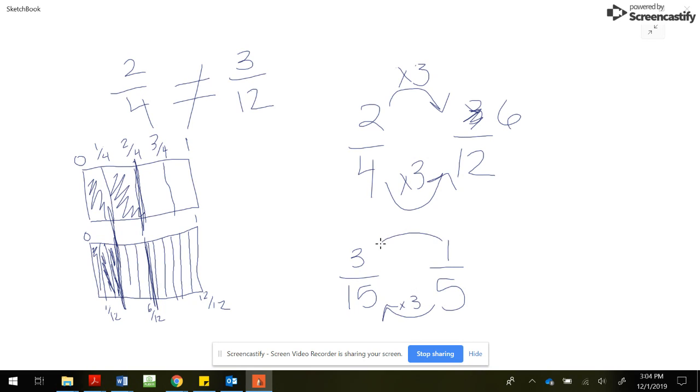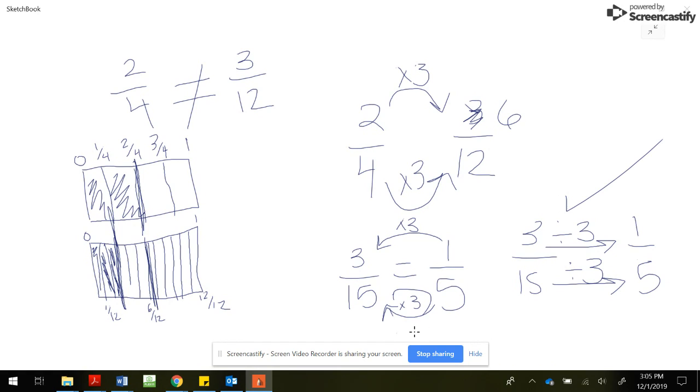Whatever I did to my bottom, I do on top. 1 times 3, does that equal 3? Yes, so that's equivalent. The other way I could do it is division. 15 divided by what got me 5? 15 divided by 3 I know is 5. Is 3 divided by 3 1? Yes, it is. So I know it is equivalent.